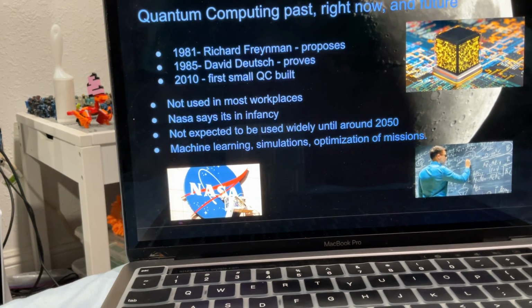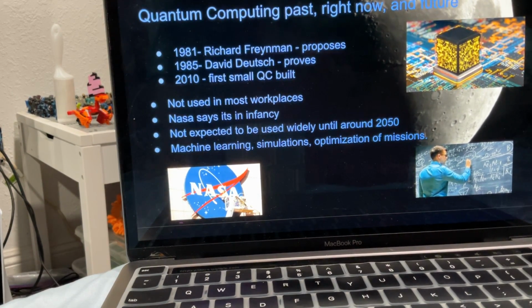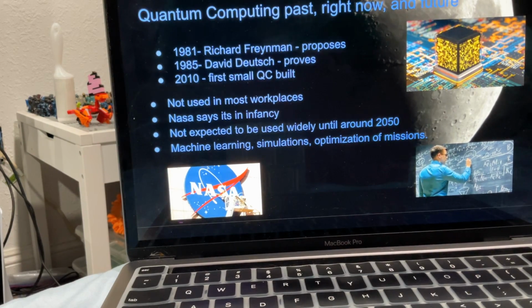And it's not until way later, around 2010, that the first small QC is built. I say QC to abbreviate quantum computing, because saying quantum computing over and over is really annoying. They're really small, I think up to around 10 qubits, but they work in theory, and it shows it can be done. They just need to be developed further.